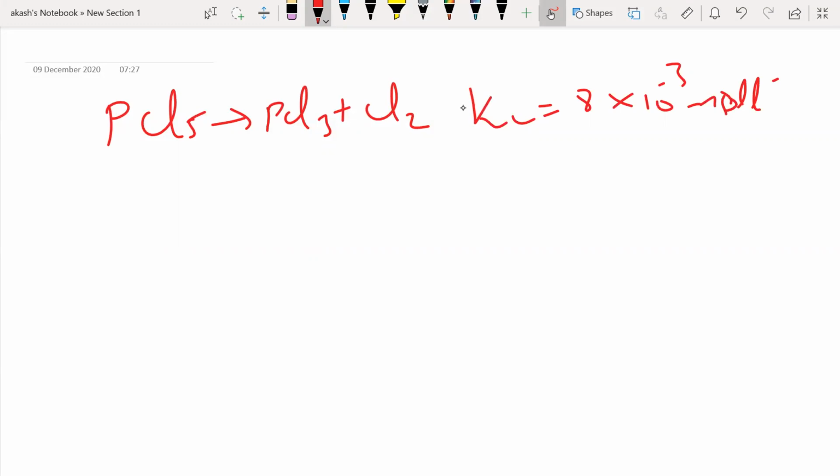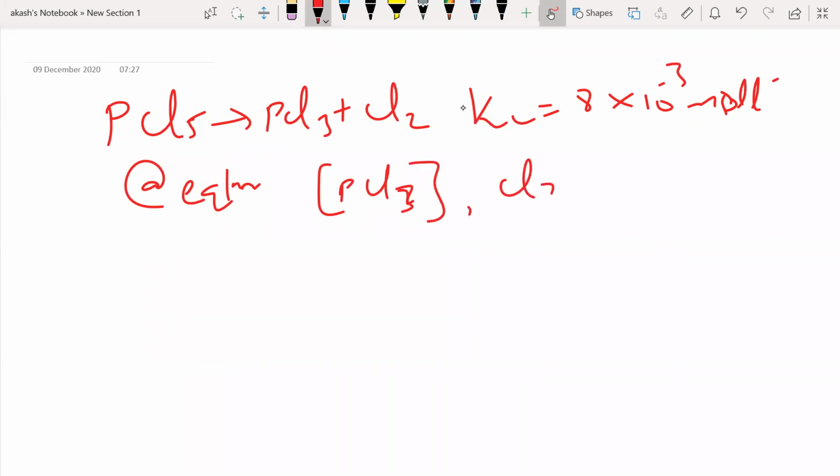So I'll repeat the question. A sample of pure PCl5 was introduced into an evacuated vessel at 473 Kelvin. At equilibrium, the concentration of PCl5 was found to be 0.05 mole per liter, and for this reaction they have given the Kc value also. Now what I need is, at equilibrium, the concentrations of PCl3 and Cl2.